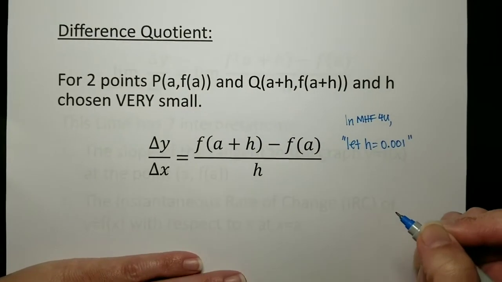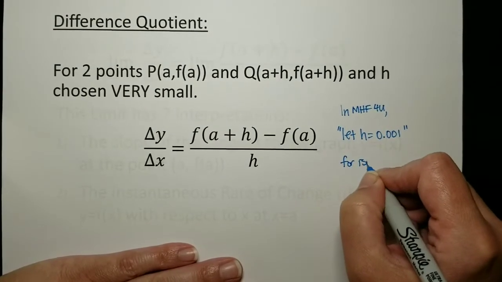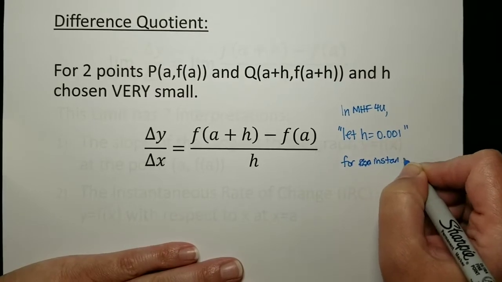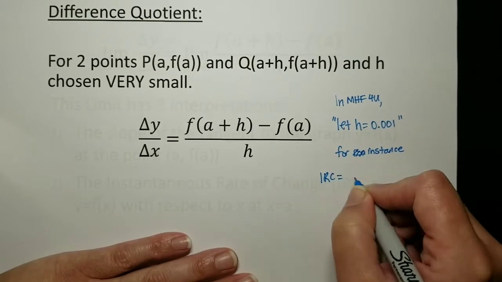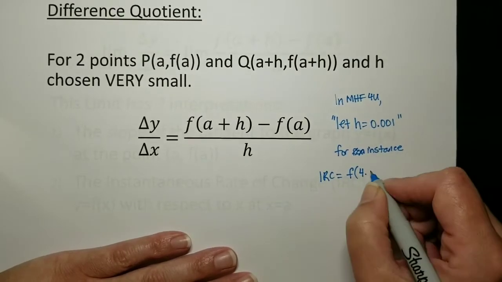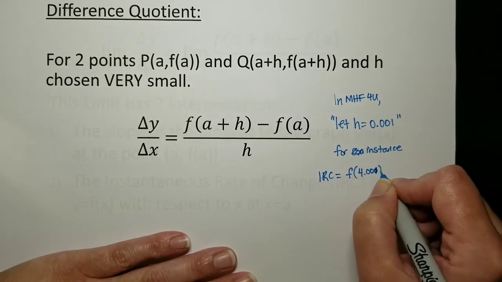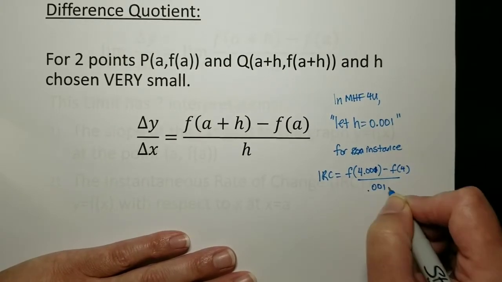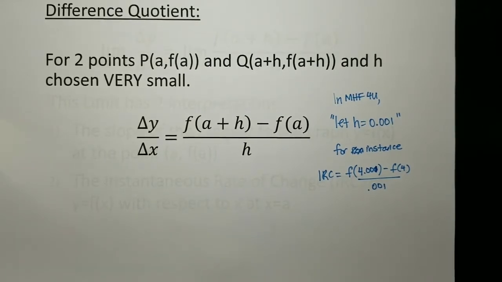And you would have had something like, for instance, IRC equals F at 4.001 minus F at 4 over 0.001. And that's what you did last year in the Advanced Functions course.